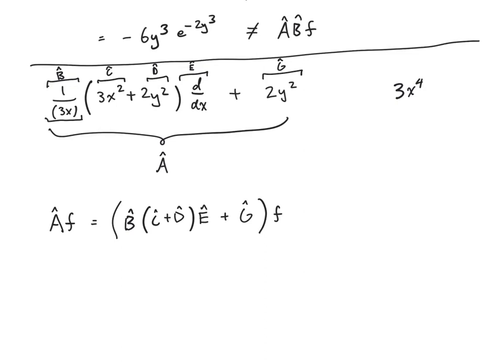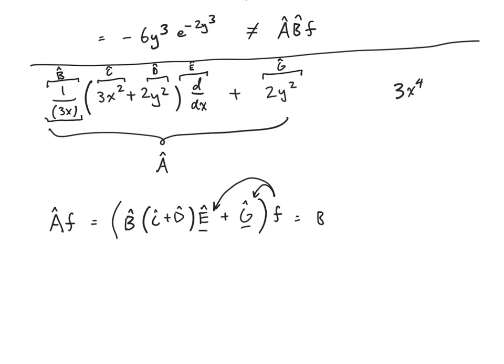So the first step is to apply the rightmost operators to the function. And since the rightmost operators are involving an addition, then I need to distribute my function out like that, because the first operator is being added to something else. So that's an indication that I need to separate them out.